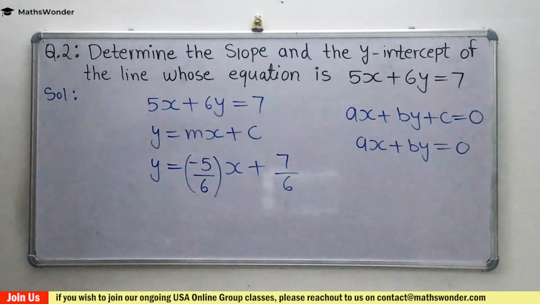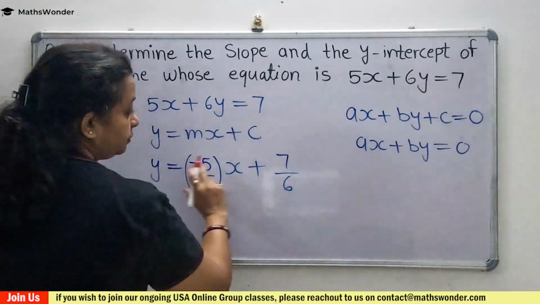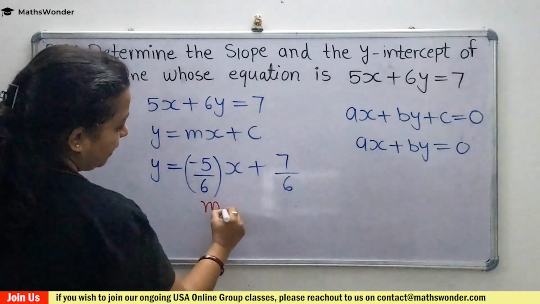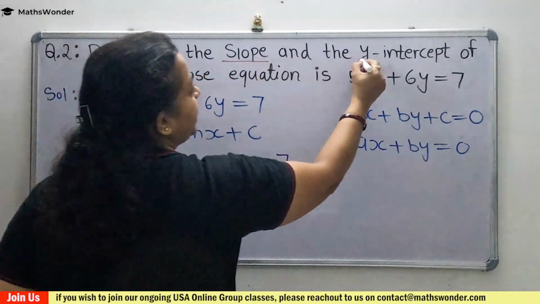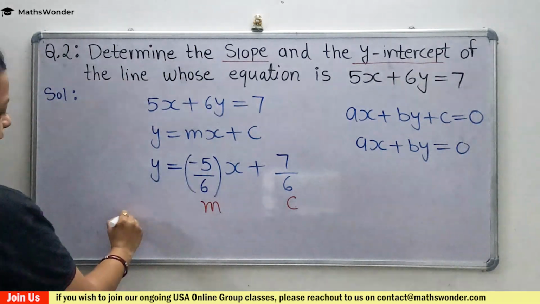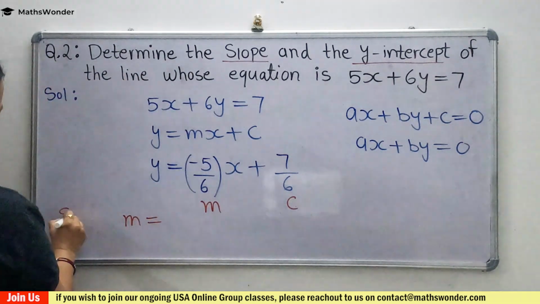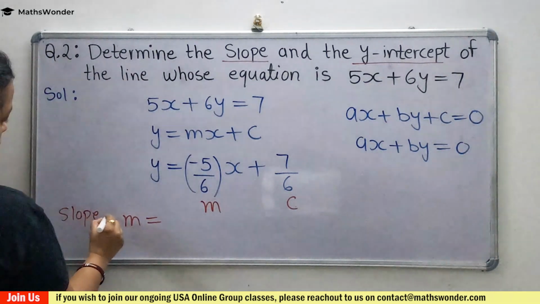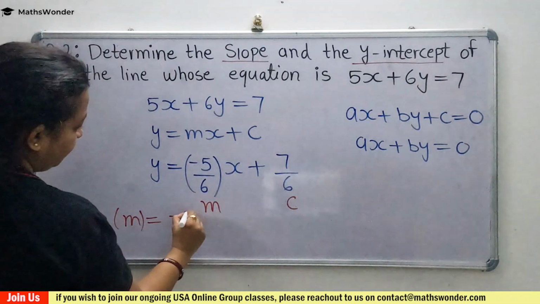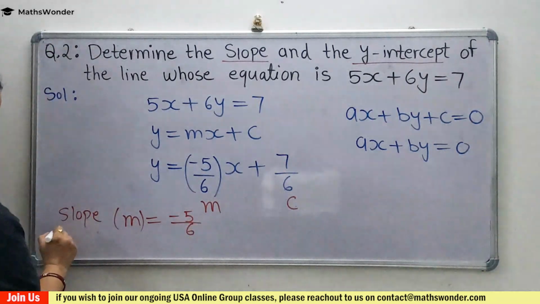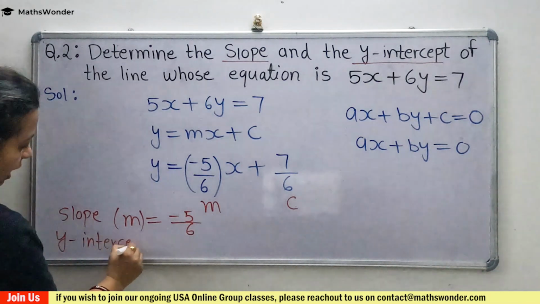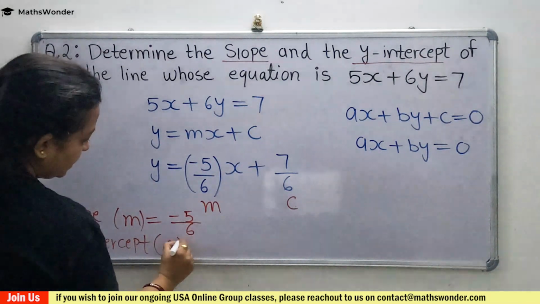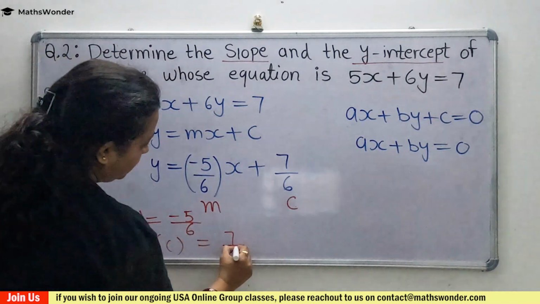So in this case you can see this equation turned into the slope equation. This is your m, this is your c, as we have to find the slope and y-intercept. So m, the slope, is -5 over 6, and the y-intercept, which means c, is 7 over 6.